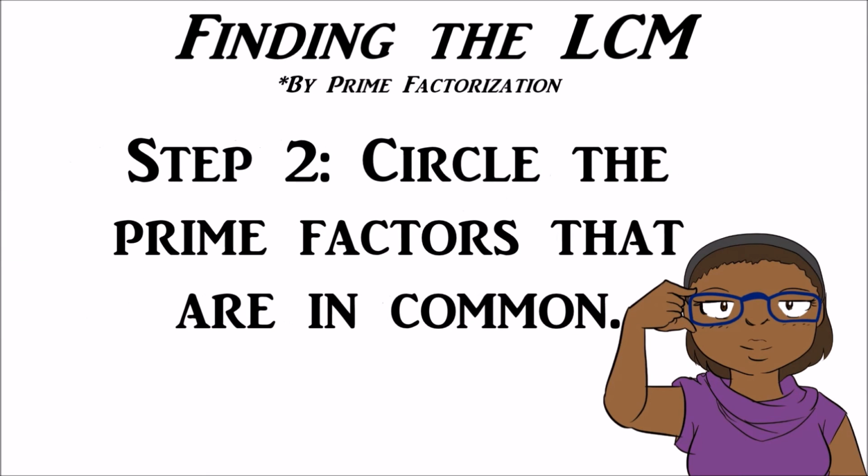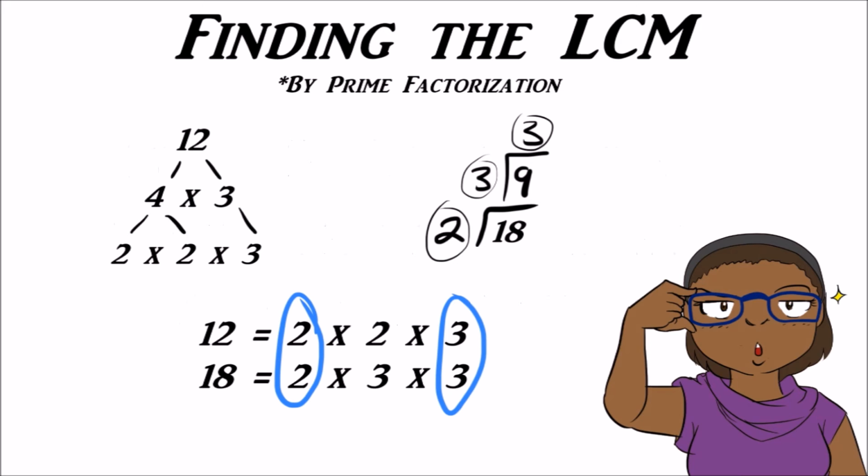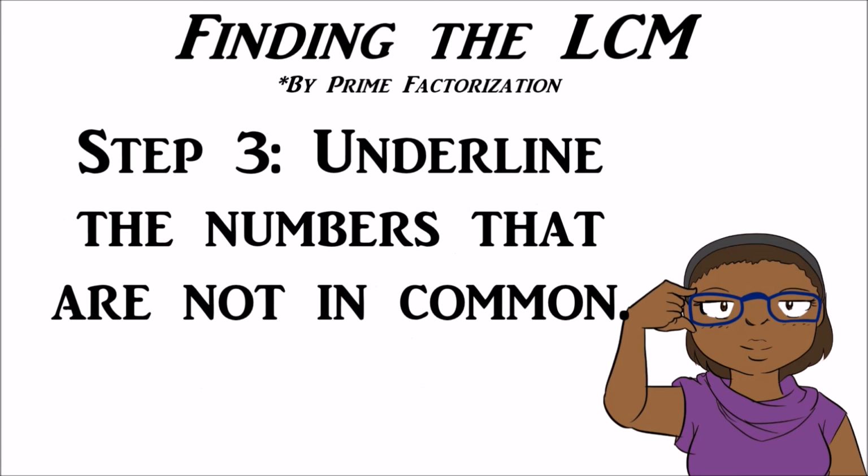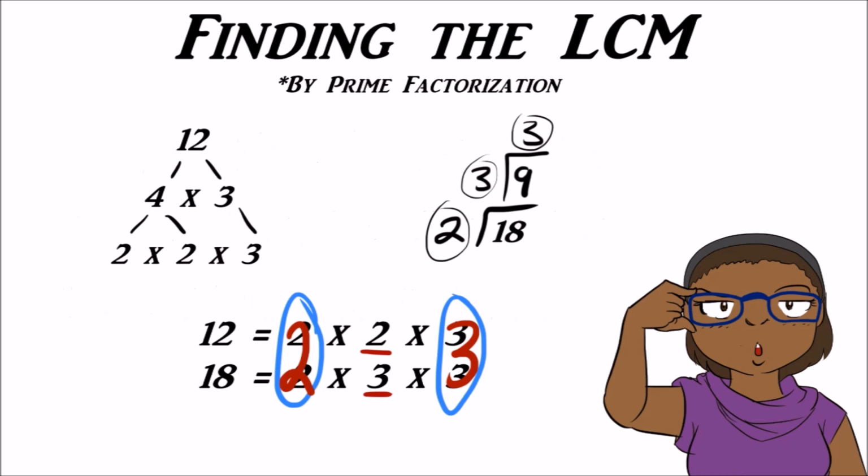The second step will be to circle the prime factors that are in common. Remember, these numbers were 2 and 3. Step 3 is to underline the numbers that are not in common. In this case, there is a stray 2 and a stray 3 that we could not match up with anything.